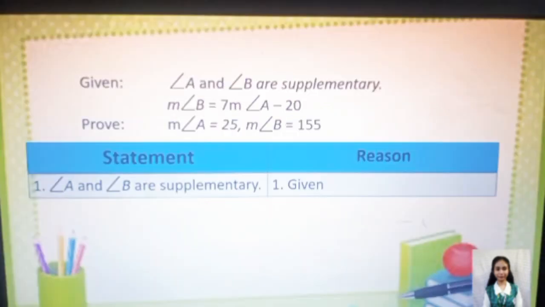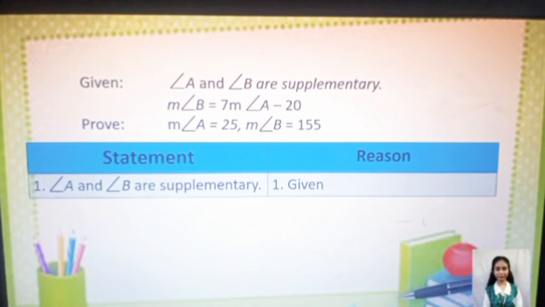So, given: angle A and angle B are supplementary, and measure of angle B is equal to 7 times measure of angle A minus 20. Prove: measure of angle A is equal to 25 and measure of angle B is equal to 155.